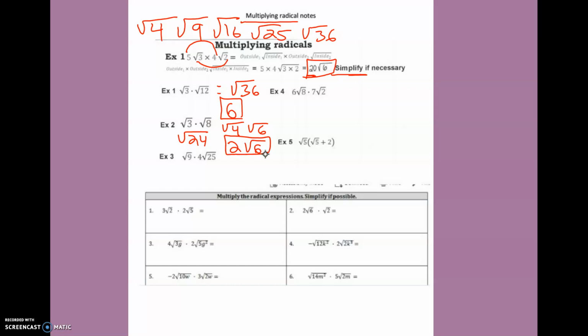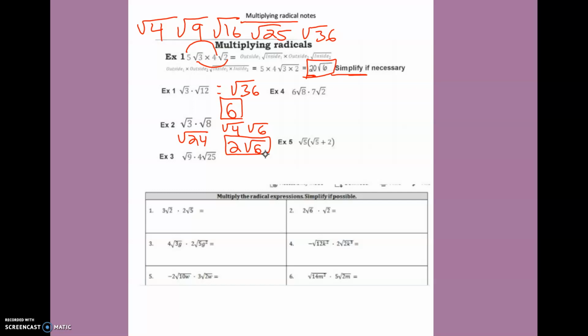Number 3. What do you notice about number 3, the radicals? 9 and 25 are perfect. So I'm not going to go through the process of multiplying them and just making them bigger. Why don't we just go ahead and simplify them right away?